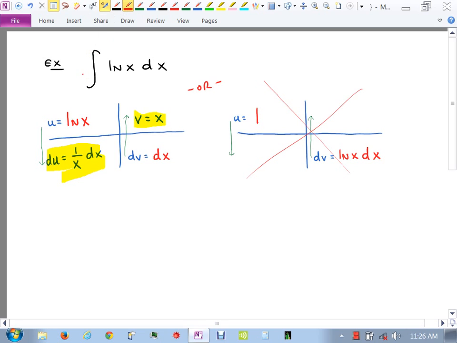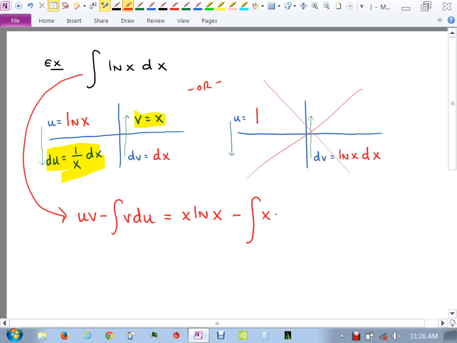Let's rewrite it. This should turn into uv minus the integral of v du, which for us is uv. What's that? x ln x minus the integral. Yeah, I'm going to write it, but that's where we're going to go. You don't have to write it like this in detail. Like you don't have to put the x times 1 over x.